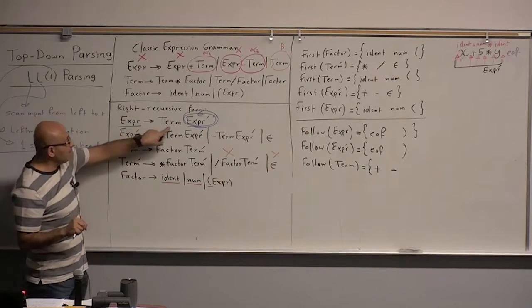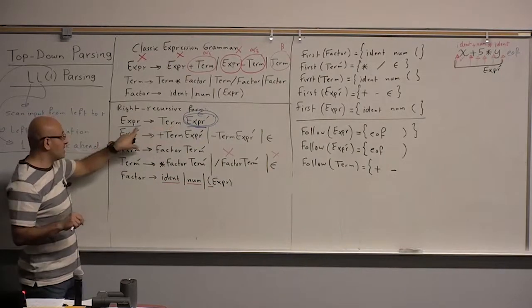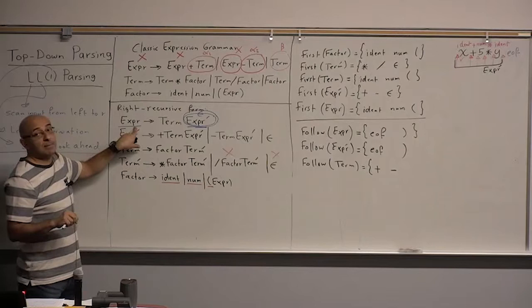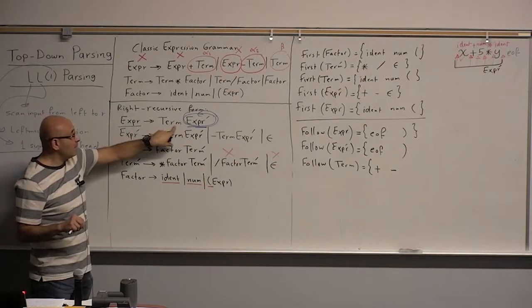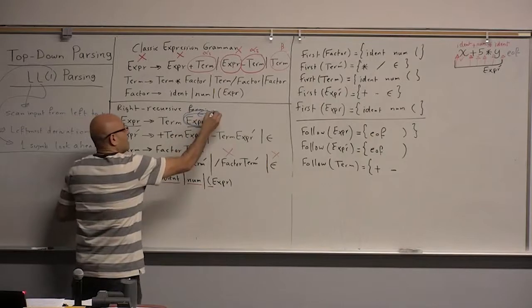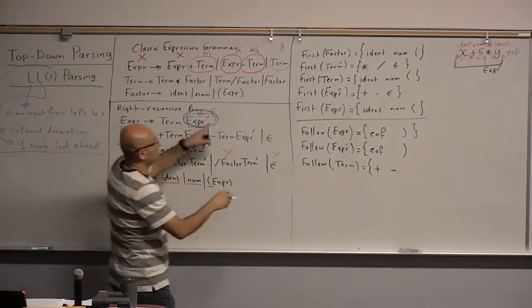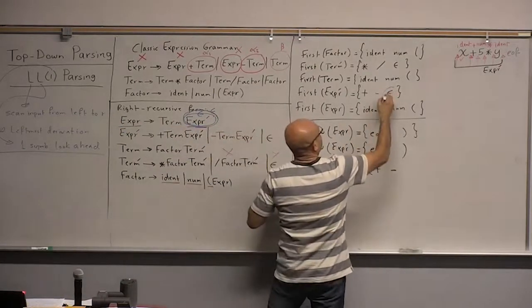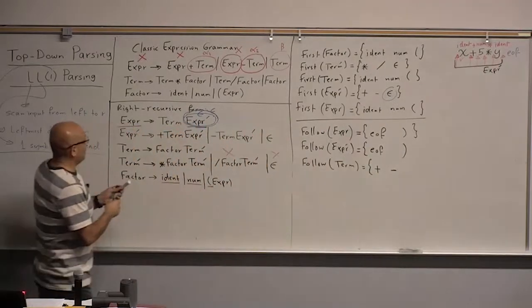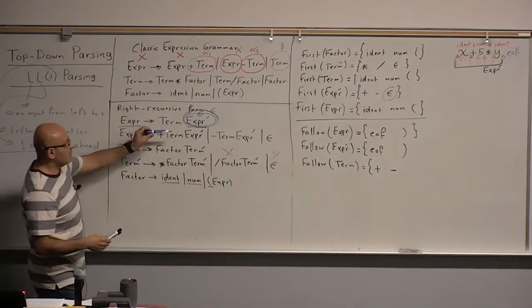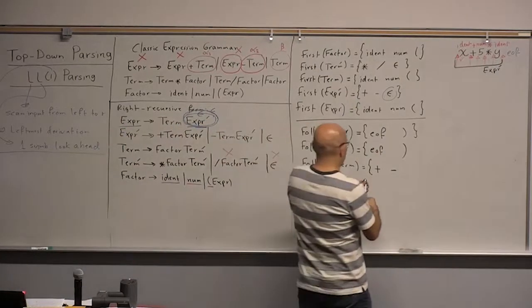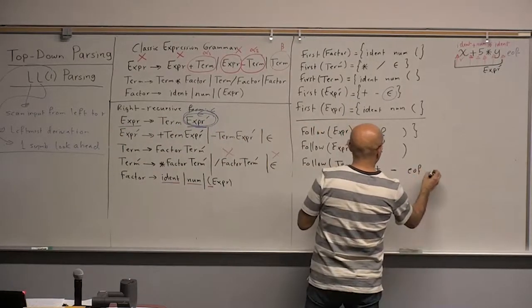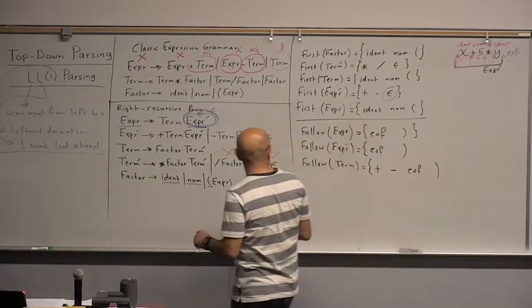And if term can possibly be the last thing in an expression, I must add the follow of expression to the follow of term. Why? Because this thing can vanish. This has an epsilon because of this epsilon. So in the follow set of term, I have to add everything in the follow set of expression, and that's end of file and close parentheses.